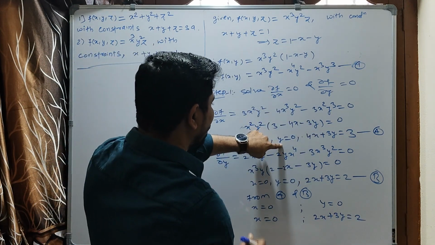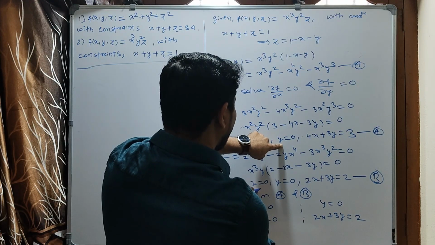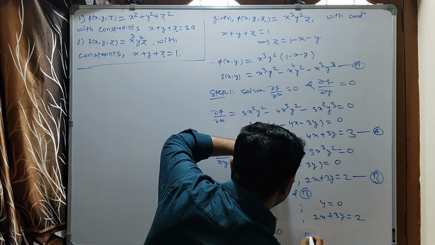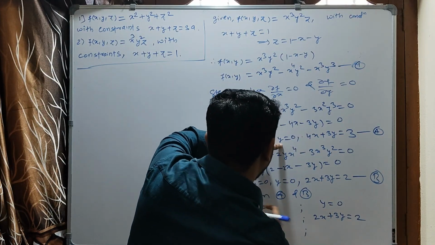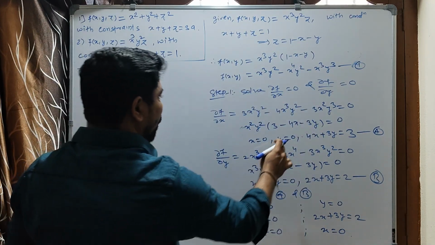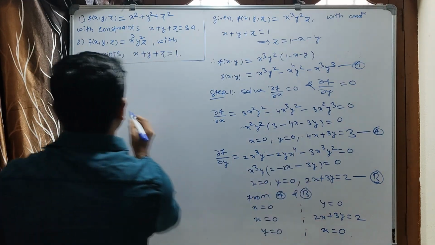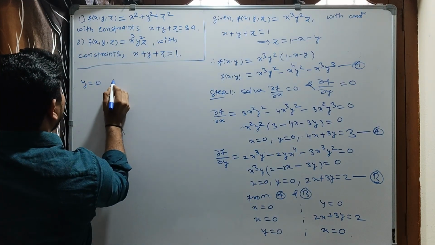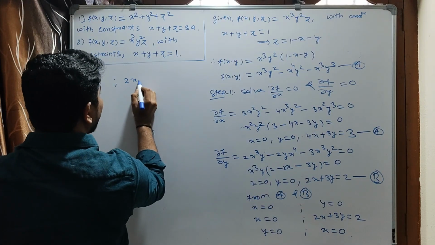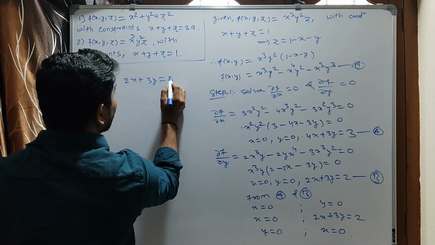Now y equal to 0 and x equal to 0. So here y equal to 0, and with this 2x plus 3y equal to 2.